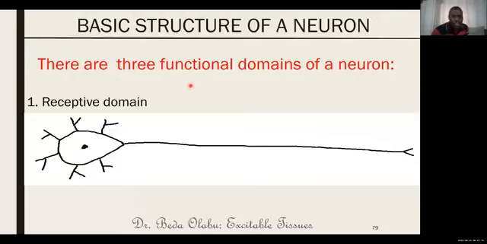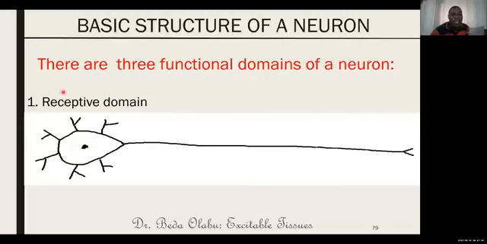One of these domains is what we call the receptive domain of a neuron. You didn't call it receptive domain, and that's okay. I didn't expect you to call it receptive domain. As a matter of fact, it's not called receptive domain. I am just approaching this from a different perspective so that I don't repeat what you've already done.